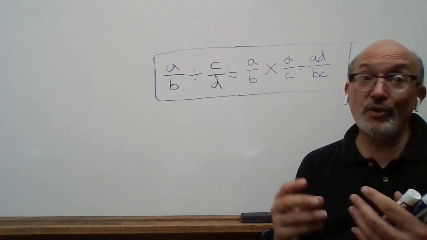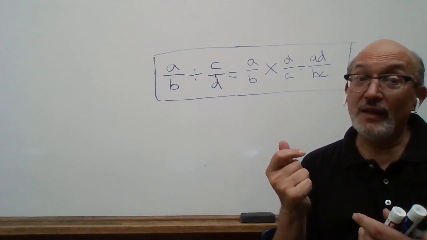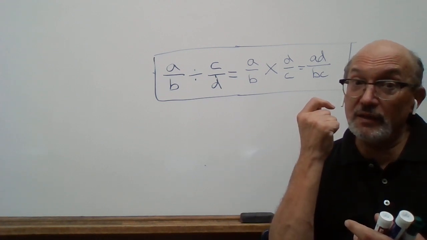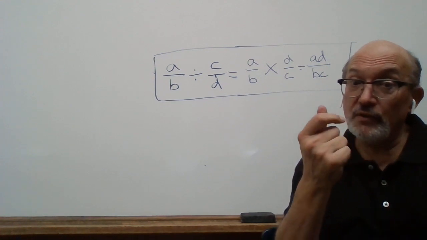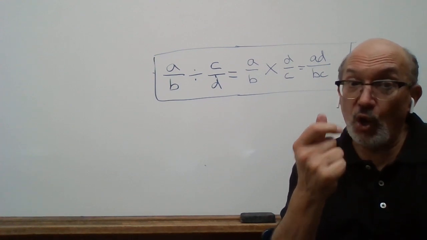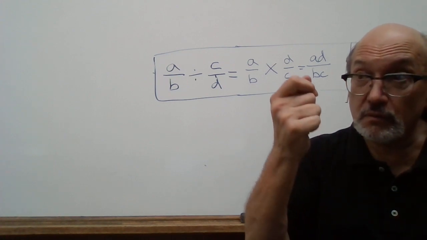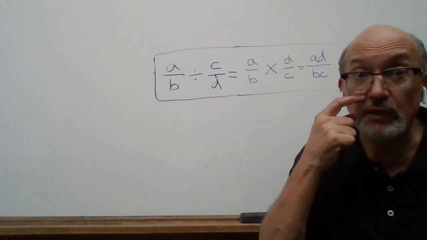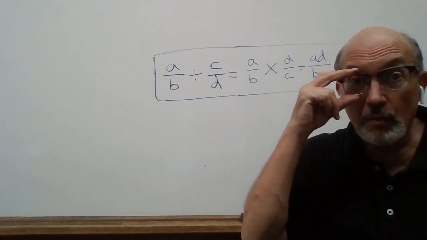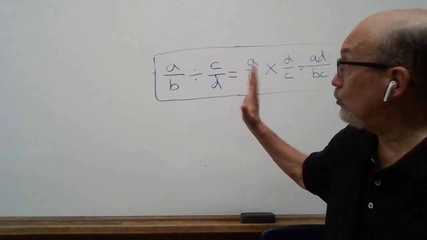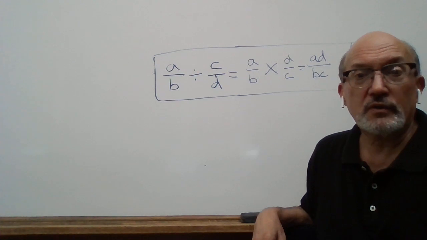So some of the things you learn earlier, you've got to do automatically. And I used earlier the phrase own it. Well, I want you to always be able to do keep, change, flip for fraction division, but I'd like to think that you're going to own it because you understand why it works.